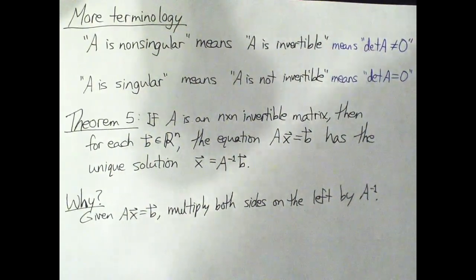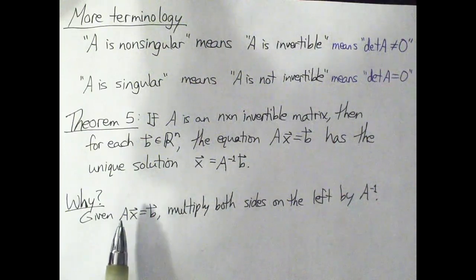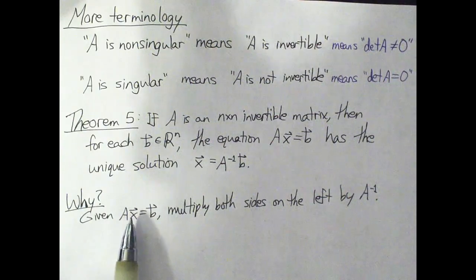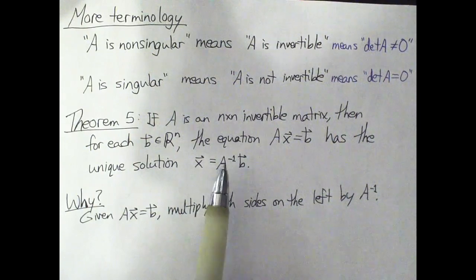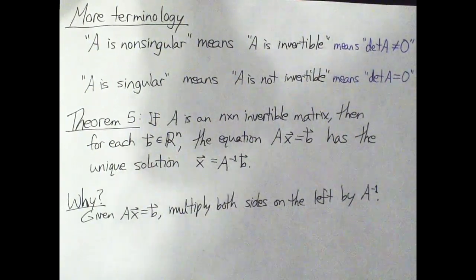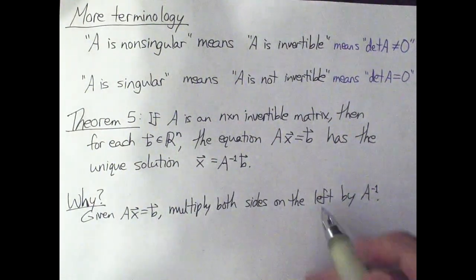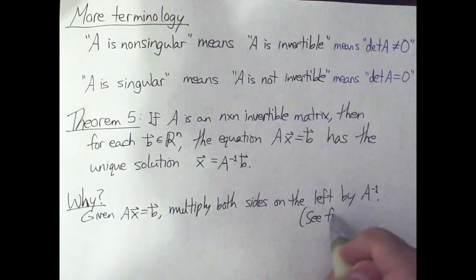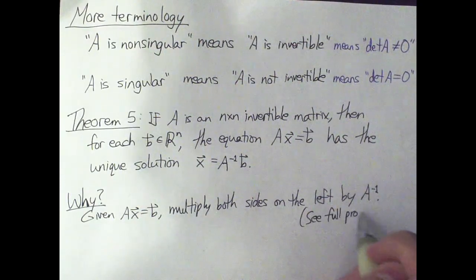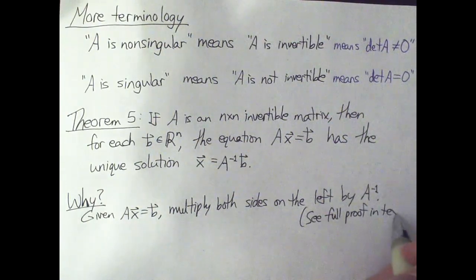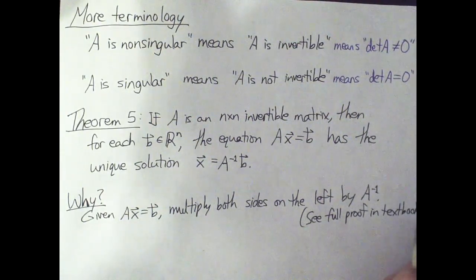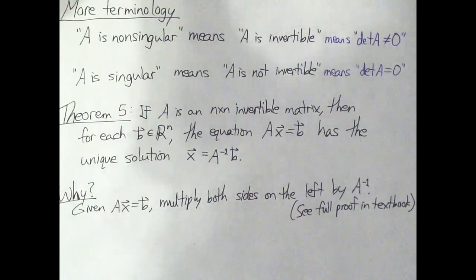You see how that gets you from the equation to the solution? When you multiply on the left by A inverse, you wind up with I times x, which is the same as just x. So the left-hand side just becomes x. The right-hand side becomes A inverse B. See the full proof in the textbook because I did omit some details, but this is the main idea.